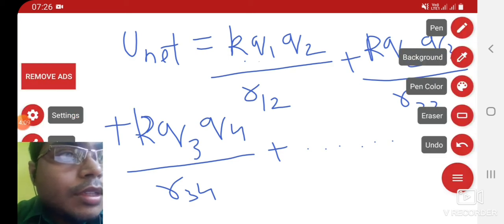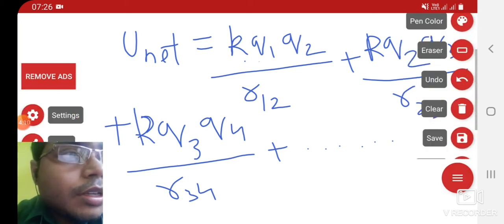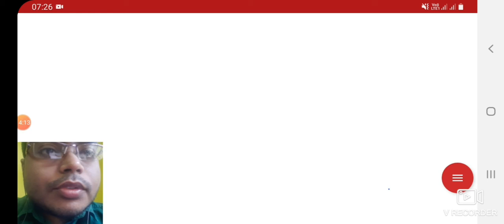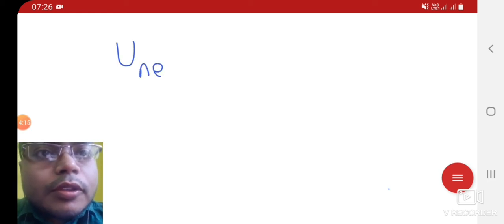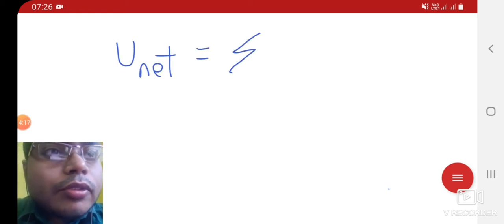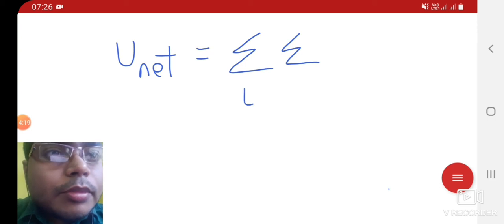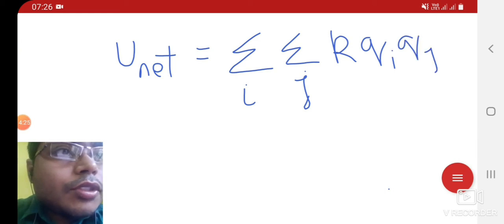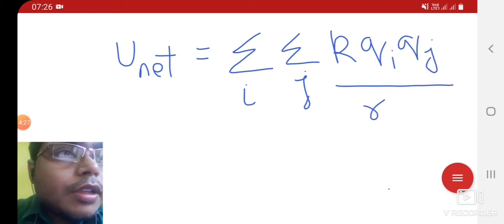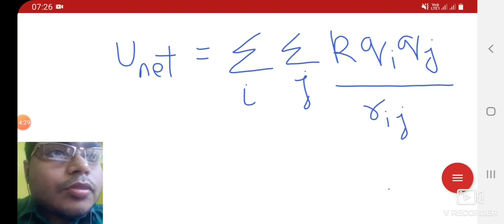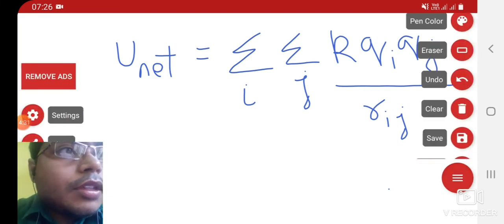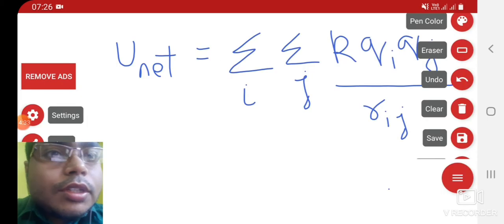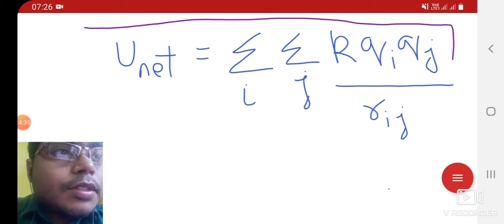If we write a single term in terms of the summation symbol, there will be a double summation because of two charges. So this will be k q_i q_j divided by r_ij. This will be the expression for net potential energy for a system of charges.